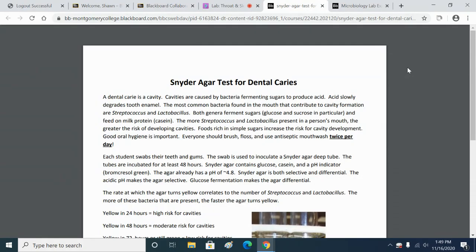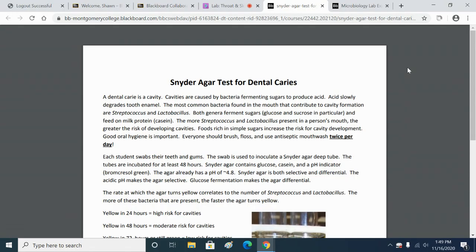And there are 2 types of bacteria that are primarily responsible for this, Streptococcus and Lactobacillus. For Streptococcus in particular, it's the species mutans, M-U-T-A-N-S, which is primarily responsible for cavity formation in people.